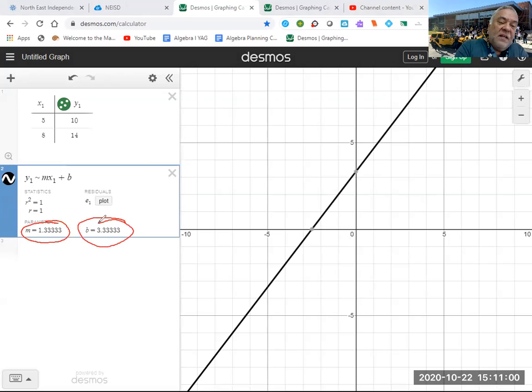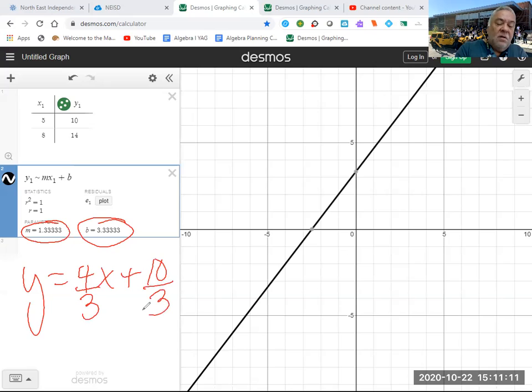So basically you can say this equation is y equals 4/3 x plus 10/3. But for number 36, put in any two of those points and they'll give you the slope and the y-intercept. And then you just write the equation from there. Done. Chances are those numbers will be a lot better than these numbers, but that's how you do it.